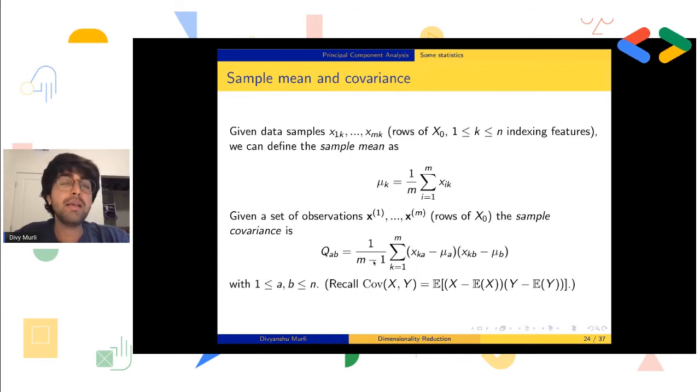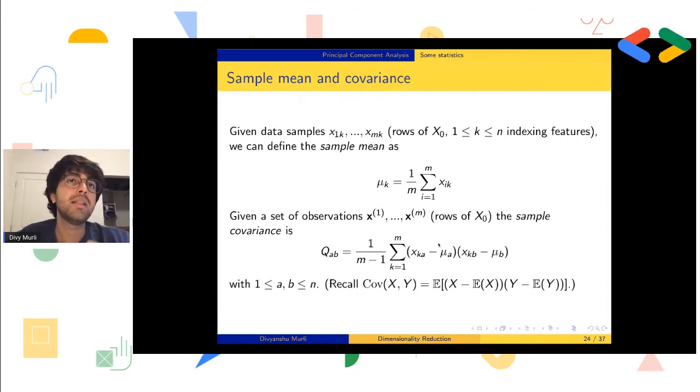I put m minus 1 here instead of m, which is what intuitively you'd expect, and 1 over m is also fine. This m minus 1 is called Bessel's correction. In statistics, when you take a sample mean or sample variance, you can define an estimator.